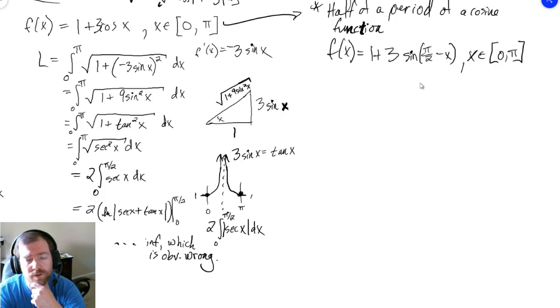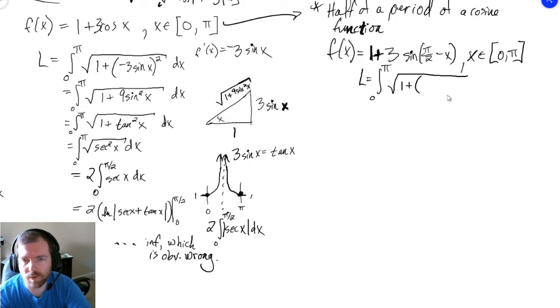Literally we could change this over to be the sine function. Let's see if that makes it any better. Maybe. Square root of 1 plus, parentheses, this is still going to be 3 cosine now of pi over 2 minus x.